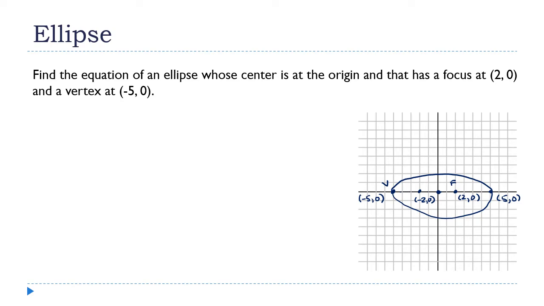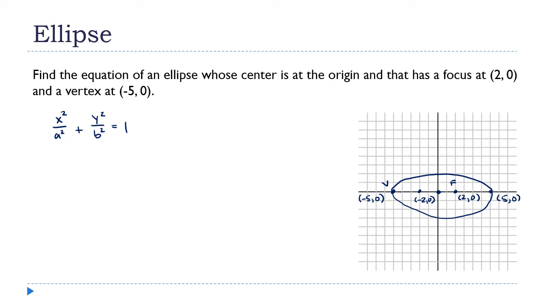And I want the equation. Remember what the equation looks like. This is a left to right ellipse, if you will. So a, the bigger number, is going to go under the x squared, and b is going to go under the y squared, and this whole thing equals 1.